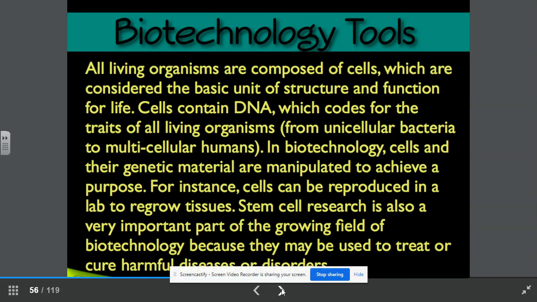For instance, cells can be reproduced in a lab to regrow tissues. Stem cell research is also a very important part of the growing field of biotechnology because they may be used to treat or cure harmful diseases or disorders. So take a moment and fill out the column for cells on page 12 using this information and any other information you may find.